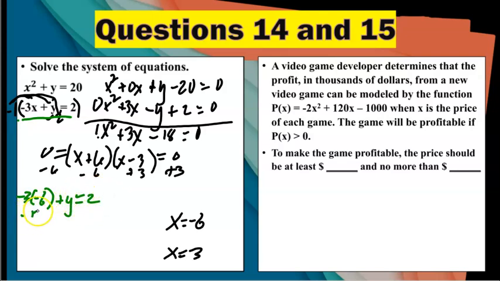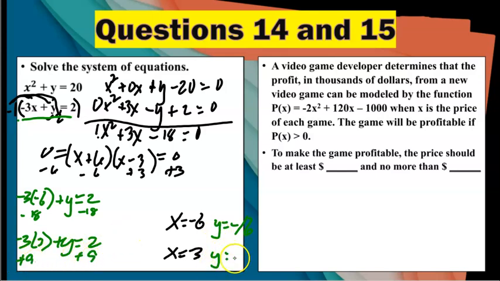I'm going to subtract 18 on both sides, and I would have a y coordinate of -16. And if I take that same one, -3, but put 3 in here, -3 times 3 is 9, plus y gives you 2. I would add 9 to both sides, and y would have to equal a +11. So those would be my 2 points for where those two functions meet up.